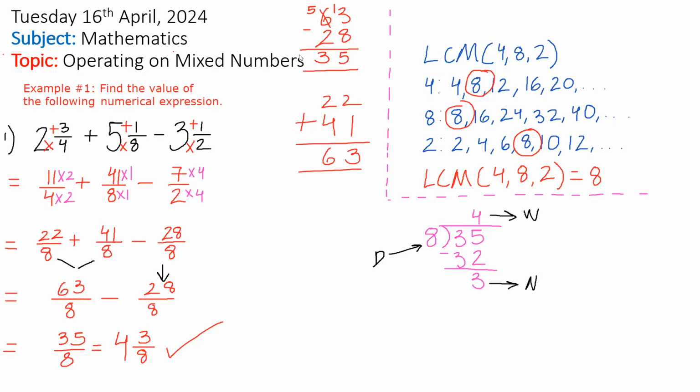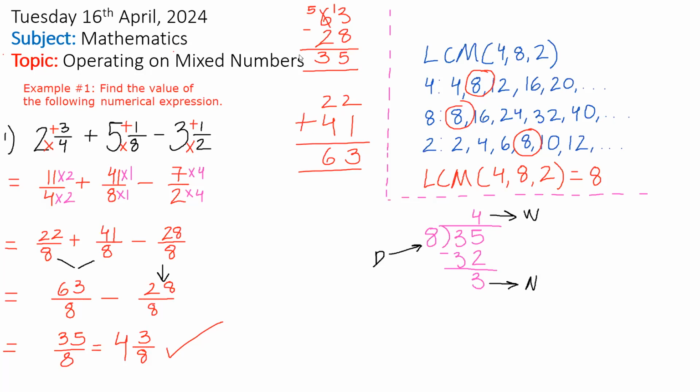Okay, so the answer to all of those is, for the first one, it's 22 over 8 plus 41 over 8 minus 28 over 8. 22 over 8 plus 41 over 8 equals 63 over 8. Then we're going to bring down the 22 over 8 and subtract those two, which gives us 35 over 8.